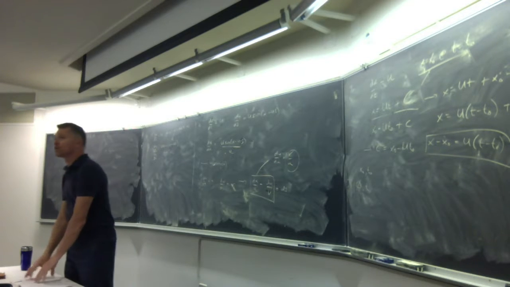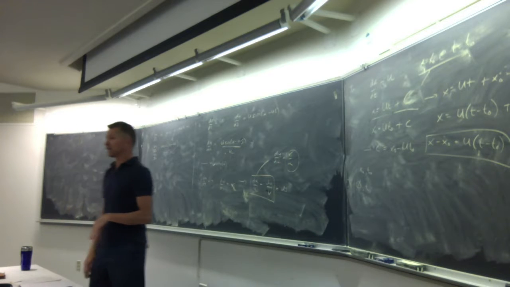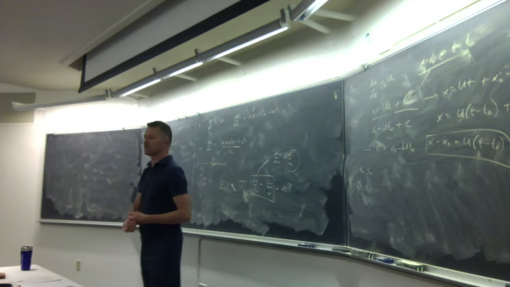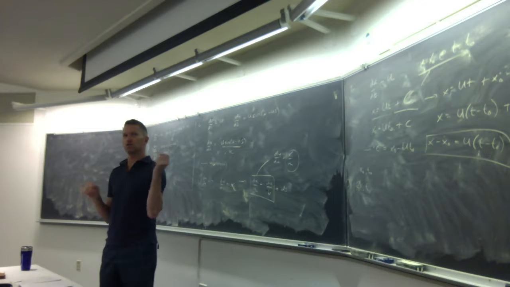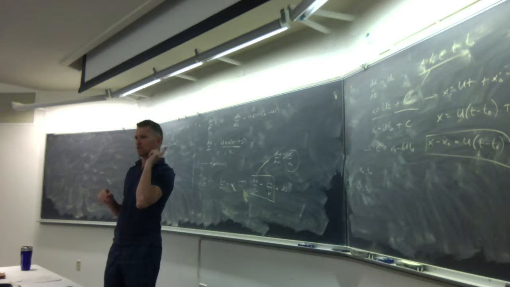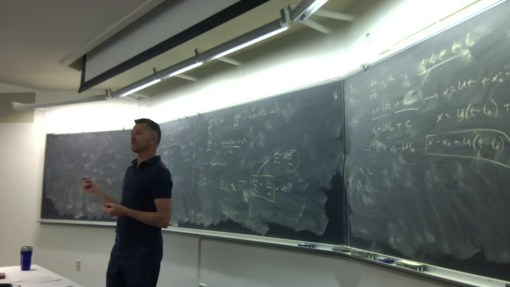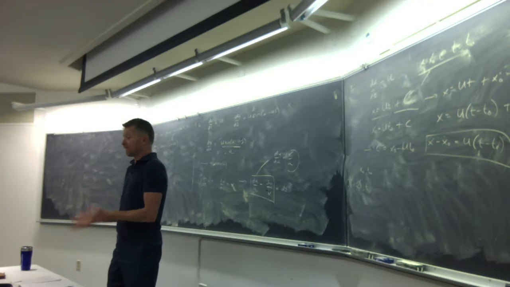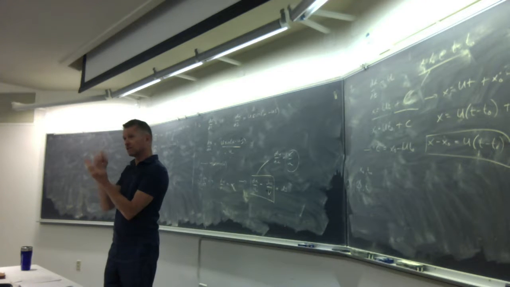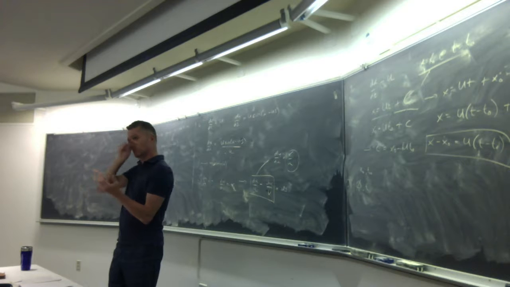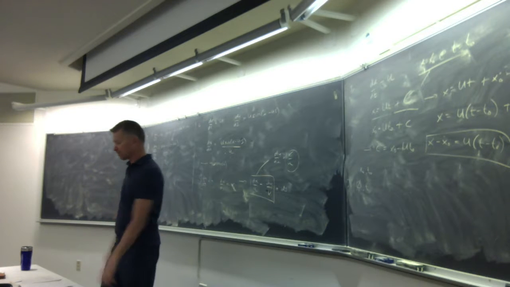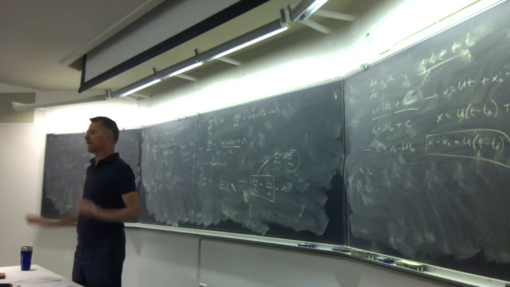But everything is in the notes written out in steps, so you should have everything. That's why I give you the notes, because I'd rather you be concentrating and trying to figure out what I'm doing on the board than just writing it down, because you have it elsewhere. If anything, print out the notes and come with them, and then you can add other notes to them. It's probably a better way to do it.